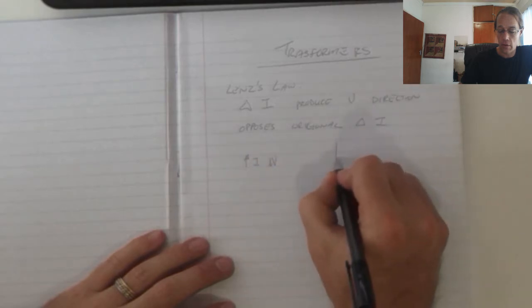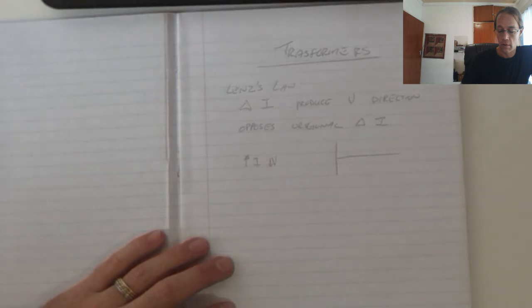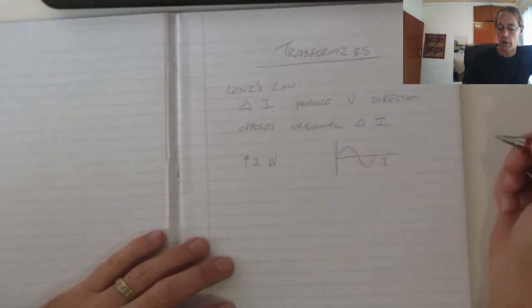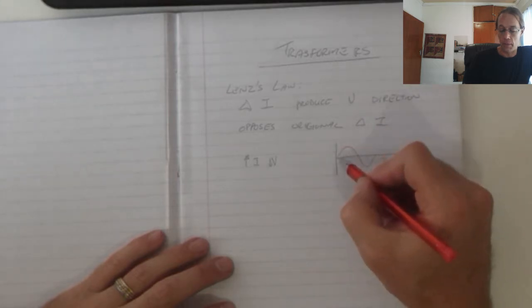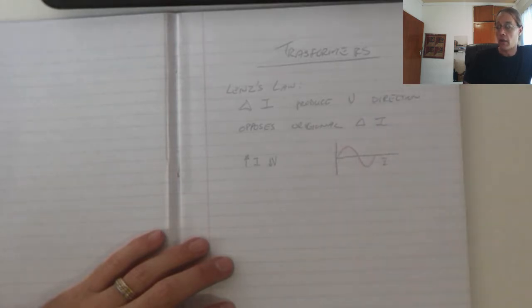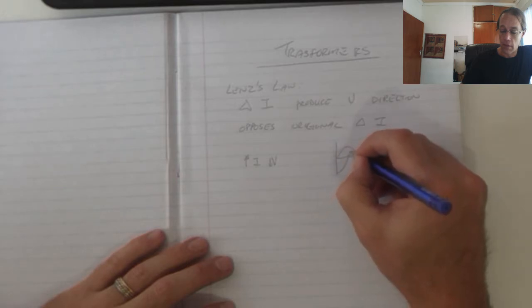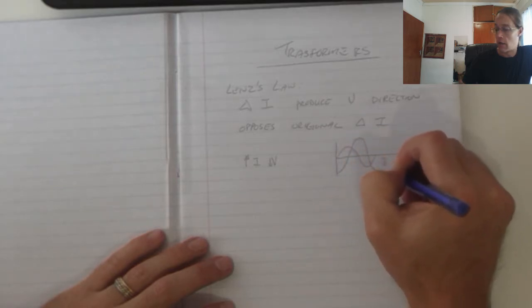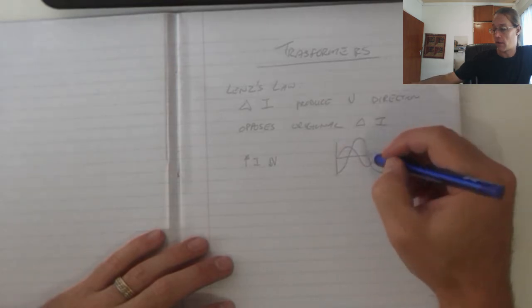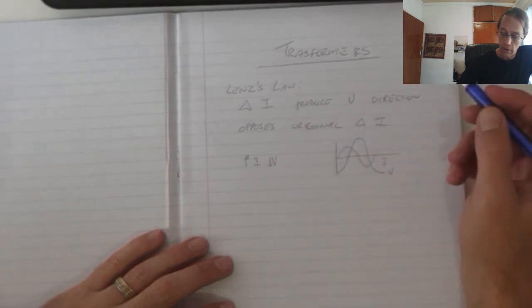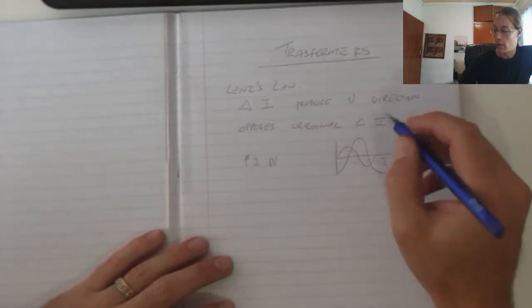If I've got a graph and I compare my voltage to my current, if this is the current that's flowing in my coil, this increase in current generates a voltage that opposes that original change in current, which means my voltage graph is going to look like that. No, I'm sorry, that's wrong.